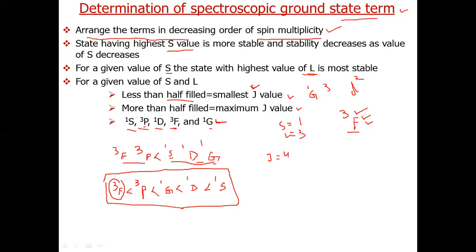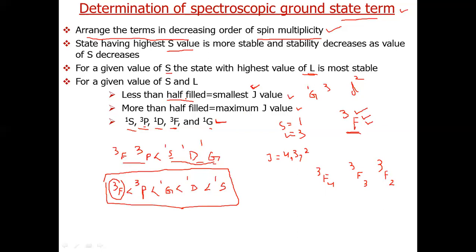L minus S is 3 minus 1, 2. Now we go from 4 to 2 by a difference of 1. So J can have 3 values, 4, 3, 2. So 3 term symbols are possible for this state: 3F4, 3F3, 3F2.